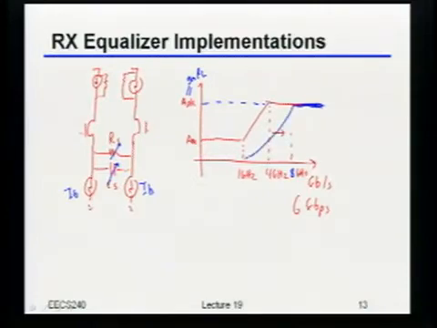Then to make that 8 gigahertz, and my drawing's not great there, but pretend that was a straight line, I would actually have to get an ADC divided by 2, right? In other words, for the same amount of power, if I put the pole at a higher frequency, then I would have to throw away DC gain.